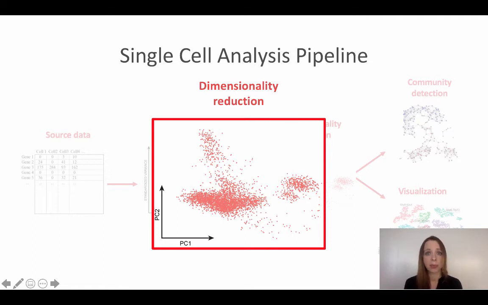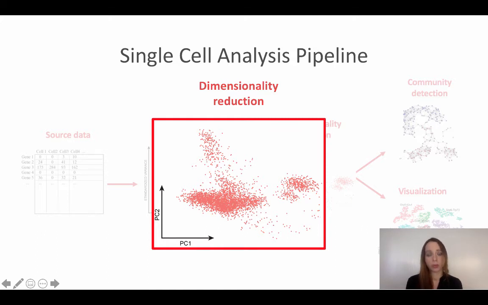In practice, that leaves us with about 10 to 25 dimensions that capture most of the variability in our data set. And as a reminder, in our now 15 or so dimensional space, the dots represent cells, and we need to find communities of cells that represent cell types.